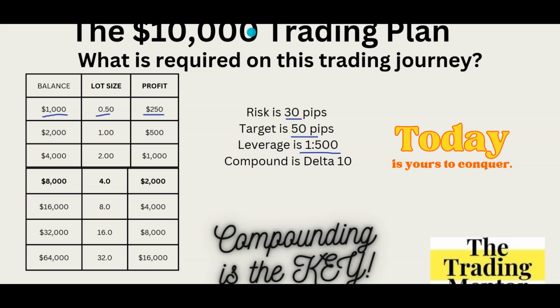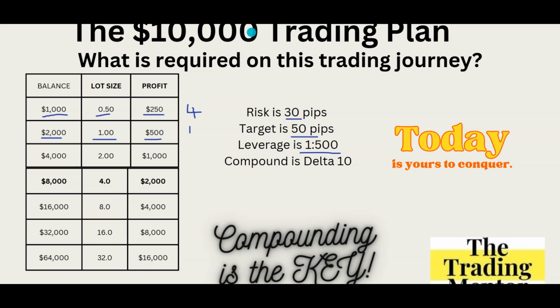As an example, you're going to have 4 trades, and that is going to increase your account from $1,000 to $2,000. Once you've doubled your account, you're then going to go one lot, $10 per pip, 50 pips, you're going to bank $500.